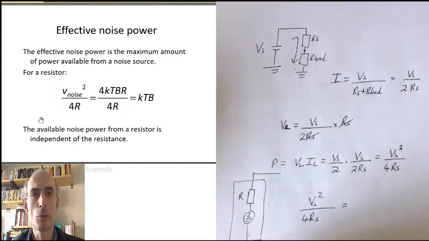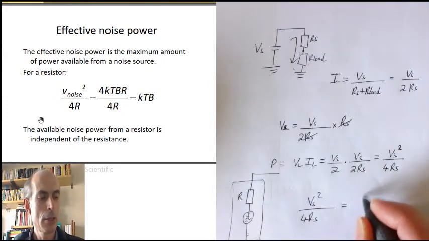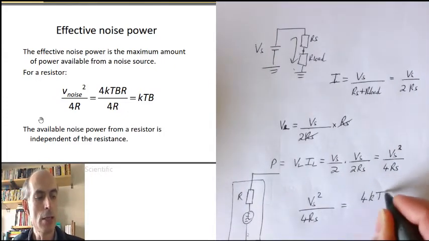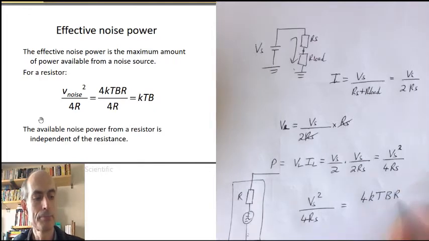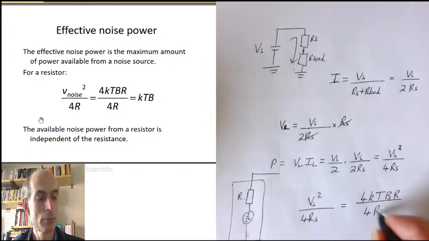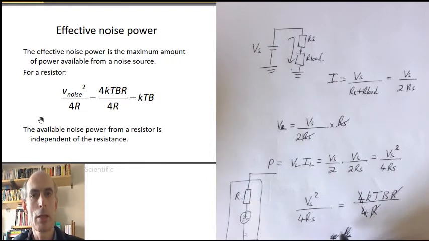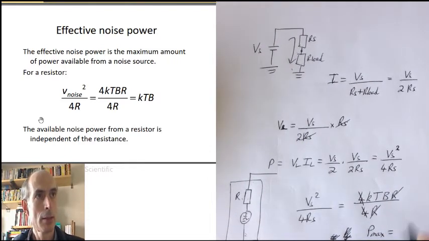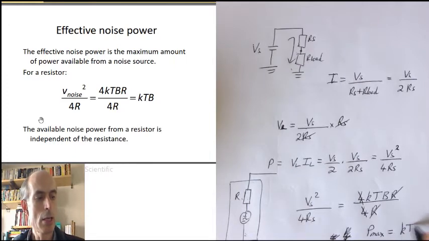And Vs squared for a noisy resistor is 4 kTbr. Divide that by 4 times Rs, that's just the value of the resistor. And the result is that the maximum power that you can get is kTb.